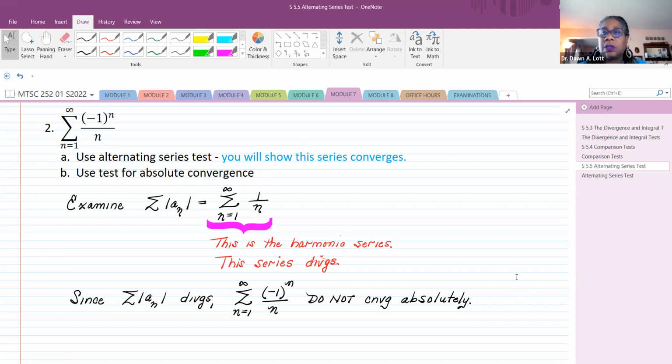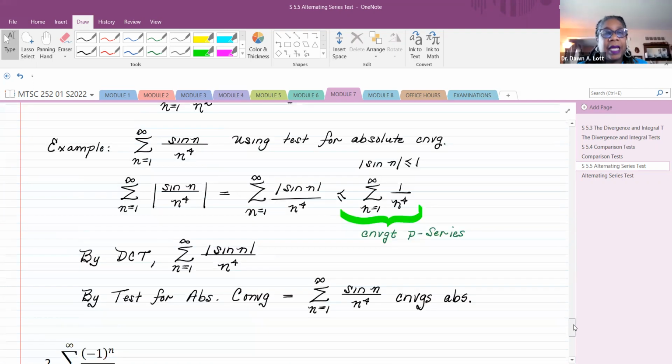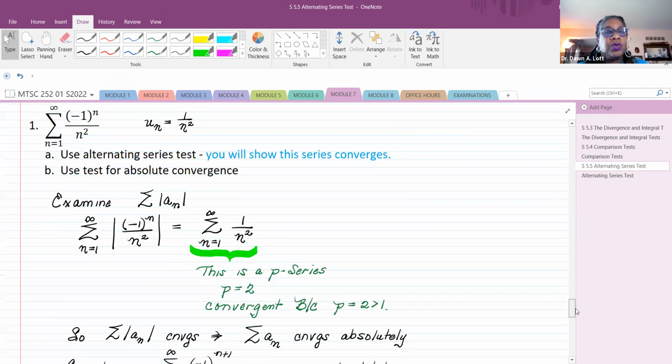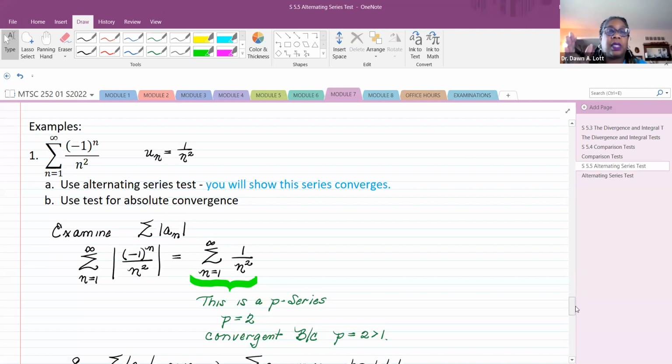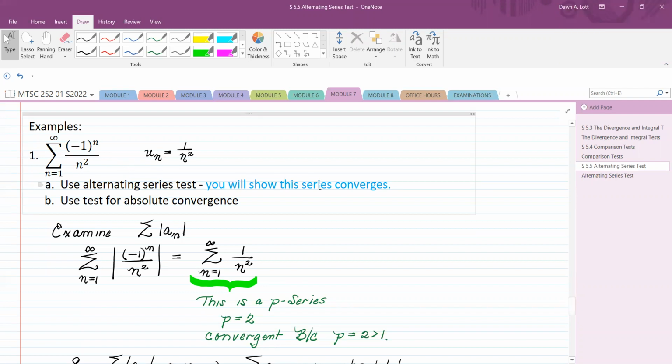Okay, any questions? What was the one condition again, under which it could absolutely converge? It only absolutely converges when you put absolute values on it and check whether that series converges. For the first one, we had the alternating series test, and when you check those three steps, A, B, and C, you will show this series converges.